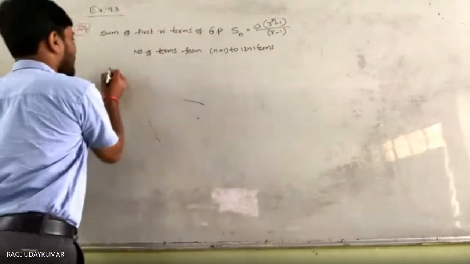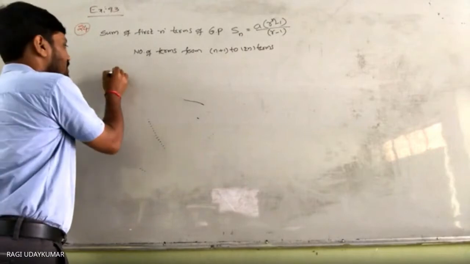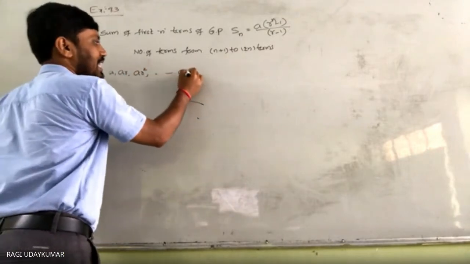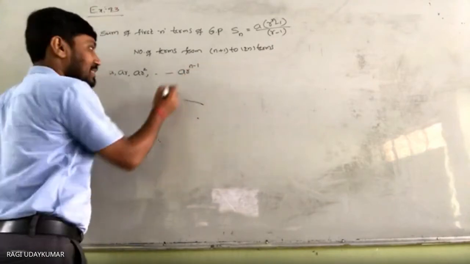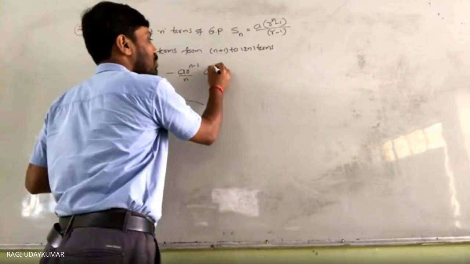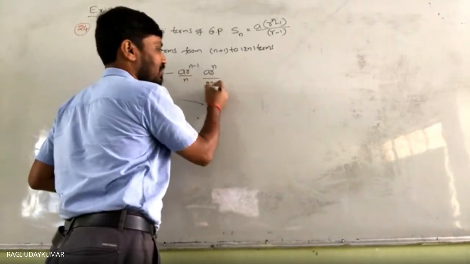First term is this. I am writing the geometric progression if you are getting confused. First AR, AR square, and so on. AR to the power of n minus 1. This is nth term. N plus 1th term is what? AR to the power of n. This is n plus 1th term.